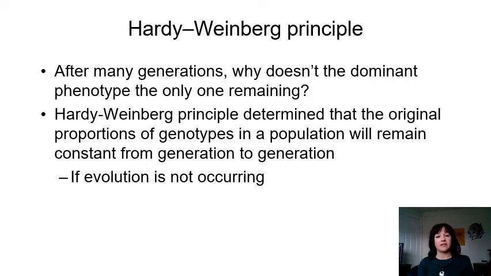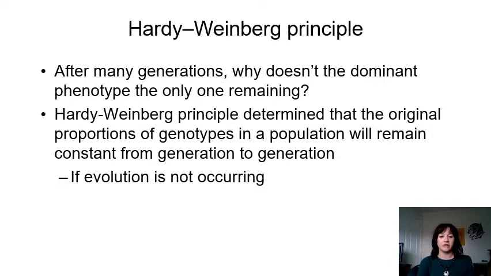And it determines that the original population, the proportions that are present at the beginning of a certain time frame, even after many generations, will stay the same. All right, so as long as the environment doesn't change, as if evolution is not occurring, you can predict how many white or purple flowers you're going to see in future generations.